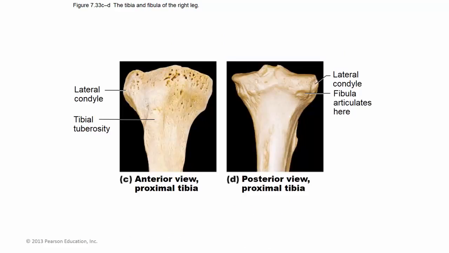Here's just a close-up view, a knotty place. That's your tibial tuberosity. Here I have a posterior view to show you again these condyles here and here. So use your textbook. That will allow you to see more pictures, and also your practice anatomy lab will give you even more practice identifying the bones and their features.